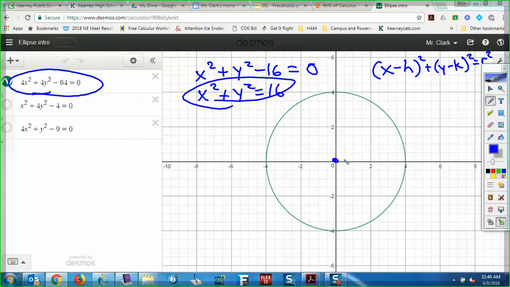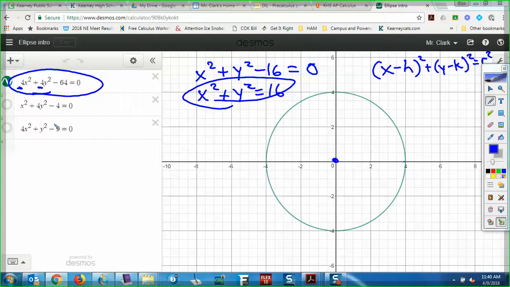So 0, 0 would be our center, radius 4, all the way along. Okay? All right. Now, what do you suppose has to be true about these coefficients right here for a circle? They have to be what? The same, right?